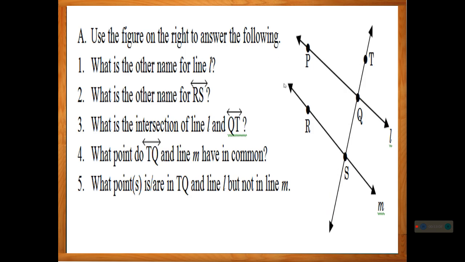We have here line M. So what is the common point? Correct. We have point S. Then number 5, what point or points is or are in line TQ and line L but not in line M? So what is that point? Yes, so we have here point Q, correct. Okay, any question?